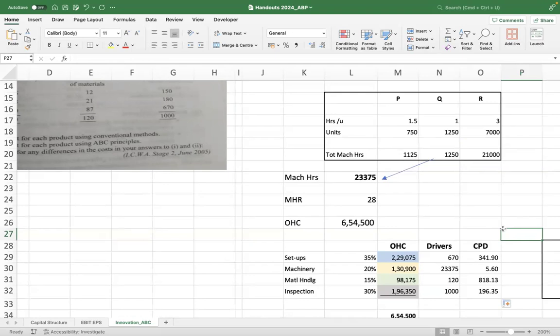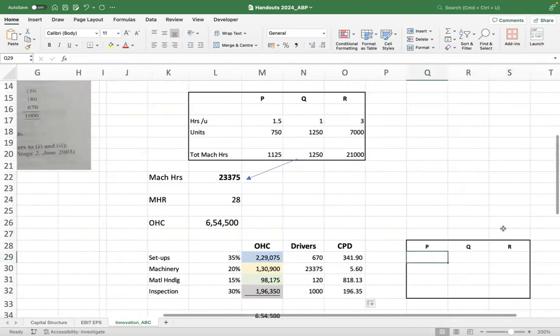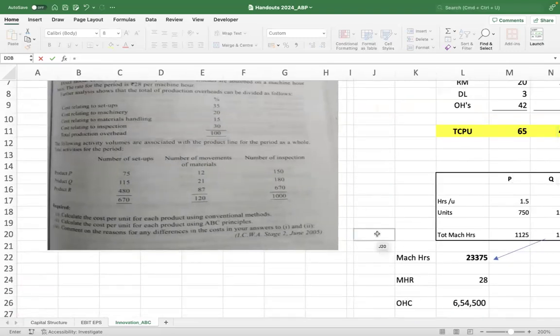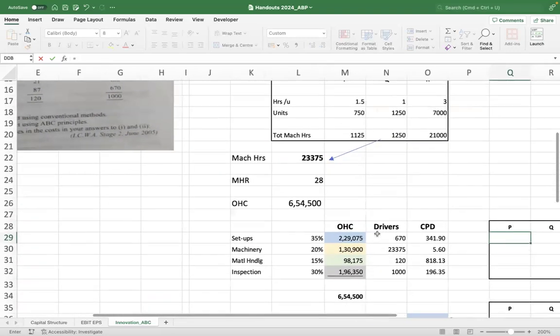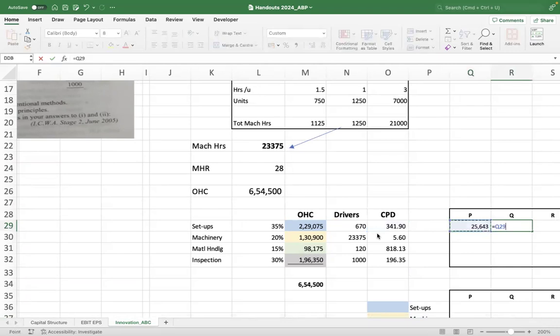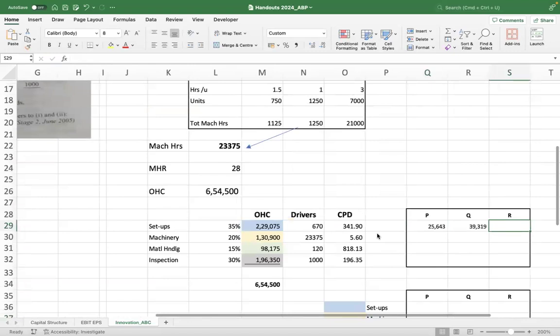Am I clear? So यहाँ पे अगर आप देखोगे, what are the total number of setups for P, Q and R? 75, 115 and 480. So just multiply this with 75, 115 and 480.